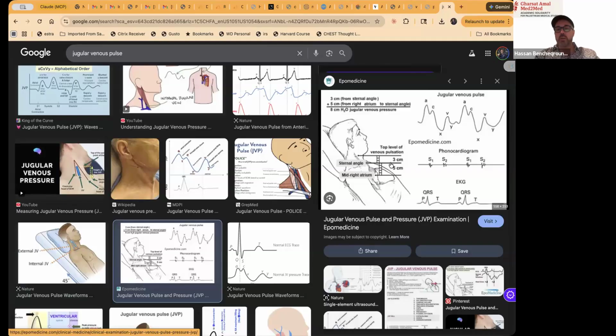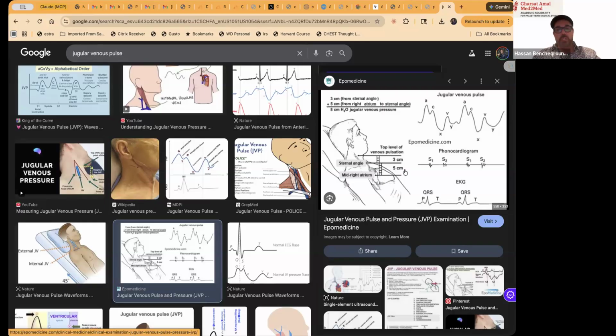So you draw a line, usually 5 centimeters from that line at this angle, and then you measure how much is the jugular venous pulse. And the jugular venous pulse here is 3 centimeters. So you add the 5 centimeters from the sternum to the heart, and that means it's 8 centimeters.